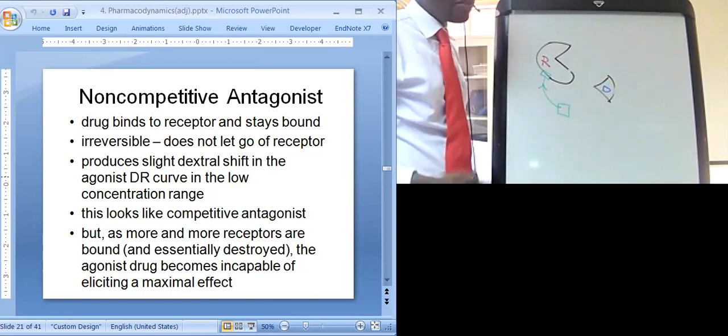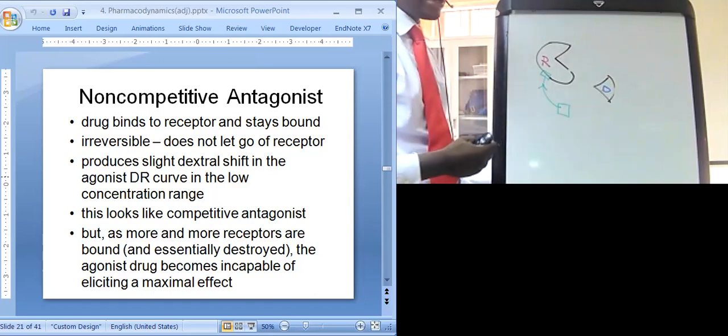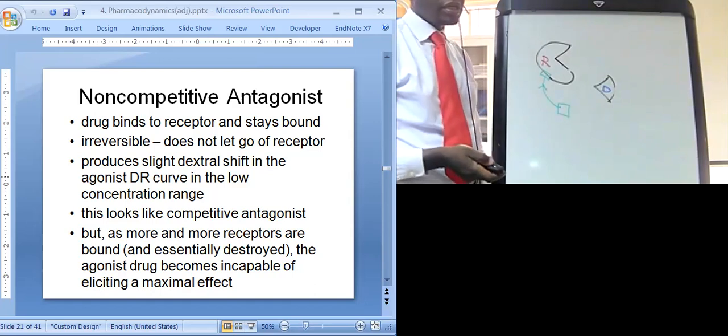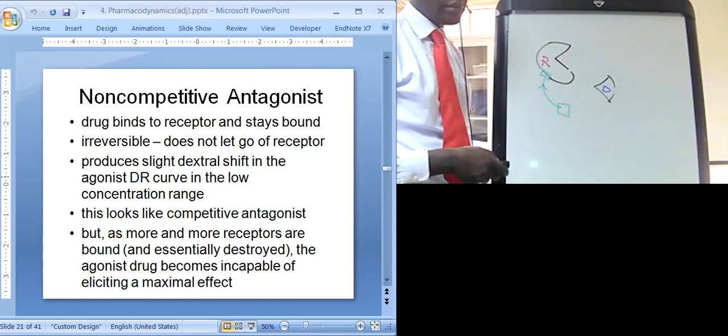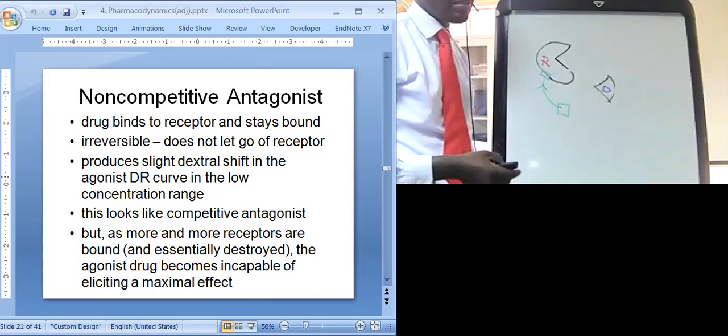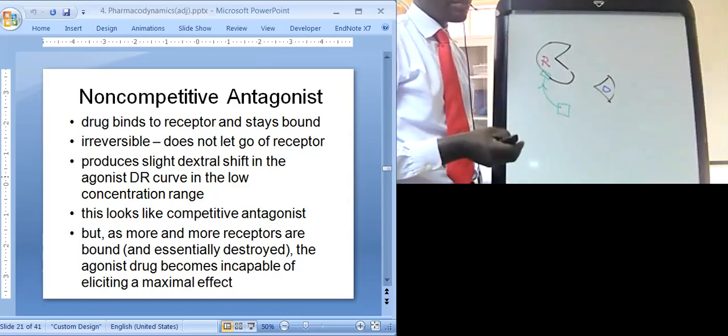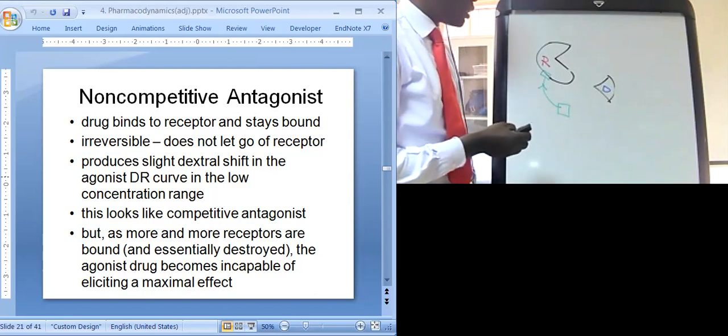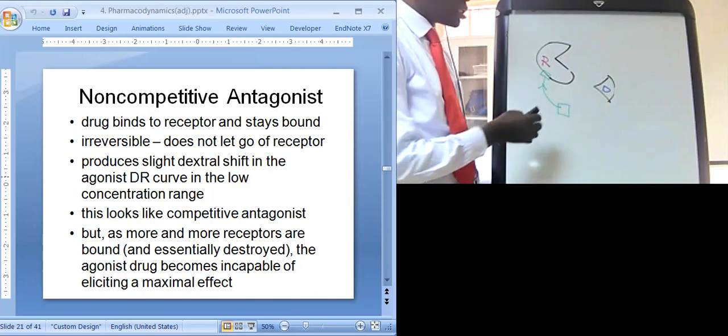Most of the curves for competitive antagonists and whatever look almost the same, but as more receptors are bound, essentially destroyed, the agonist becomes incapable of eliciting what we call a maximum response. This is what I was saying.